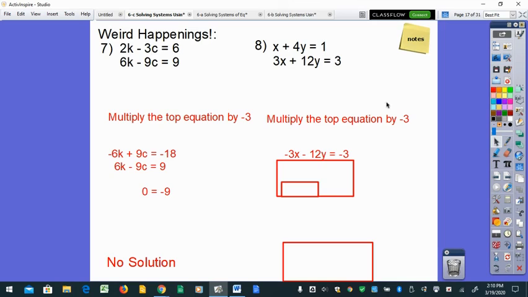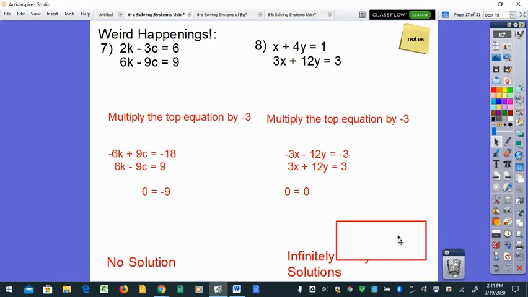And don't forget to multiply the 1 by the -3. Then I look at the bottom equation, and again, when I add down, everything eliminates, and I end up getting 0 equals 0, which is a true statement. That means they are the same line. If I graph them, I would see them basically on top of each other. It's the same line, and that would be infinitely many solutions.